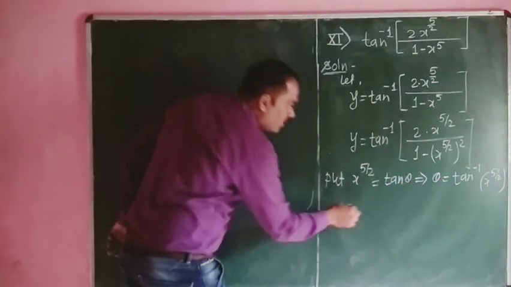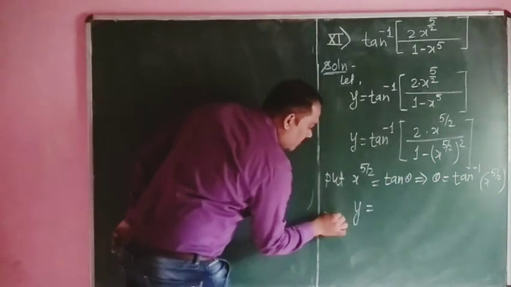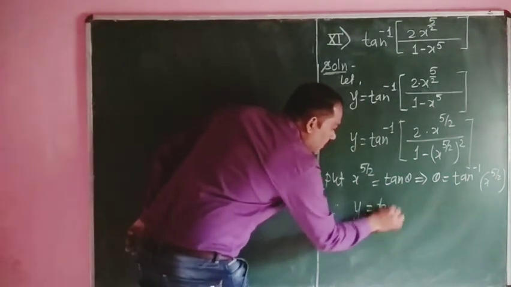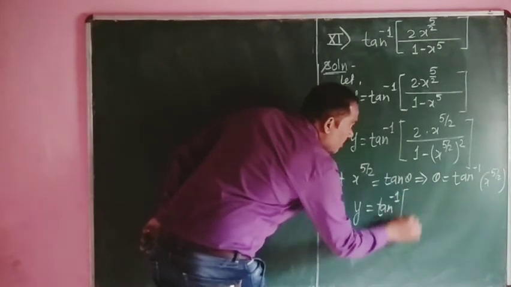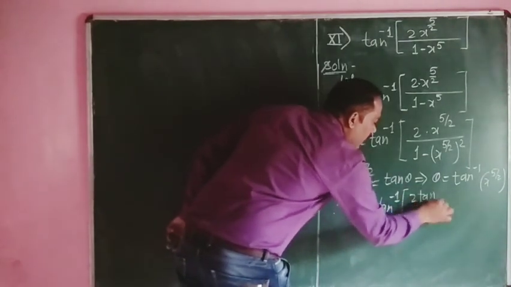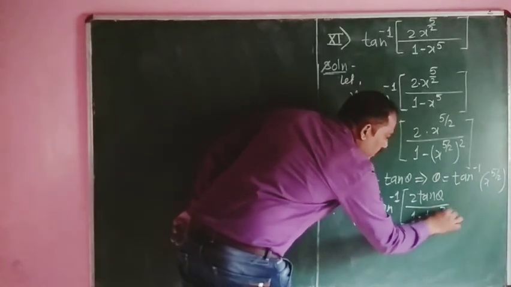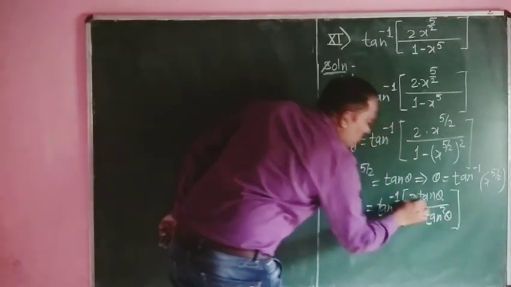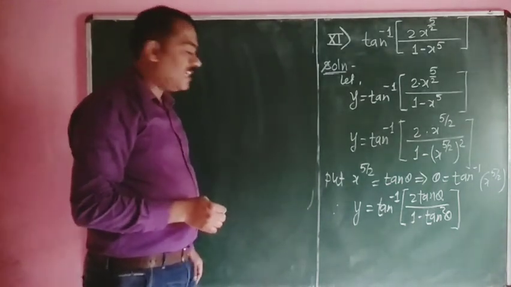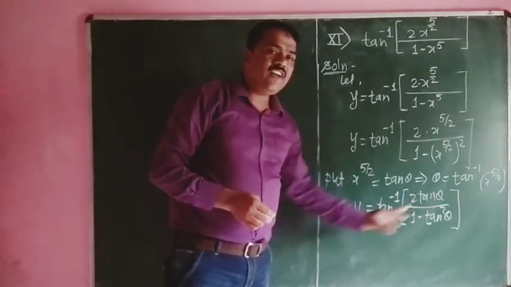Therefore y is equal to tan inverse of 2 times tan theta divided by 1 minus tan square theta. 2 tan theta divided by 1 minus tan square theta is nothing but tan of 2 theta.